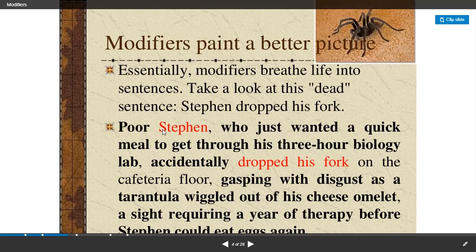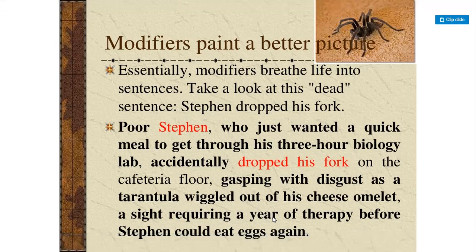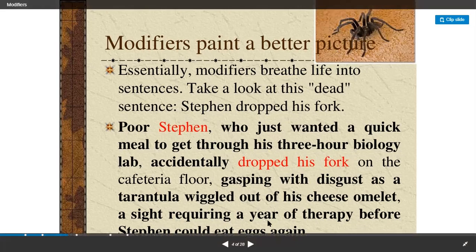So right here, I have the word Stephen, and I have the image that he's trying to eat an egg omelette as a meal before he continues his work. But the moment that he tried to eat it, he found a tarantula. This is a tarantula, a big spider. It comes out of that meal, and he dropped his fork, and he was so scared that he has to go for a year in therapy before he can eat eggs again.